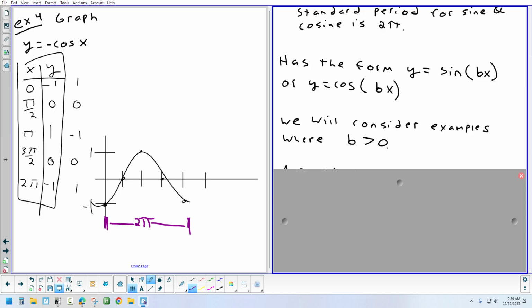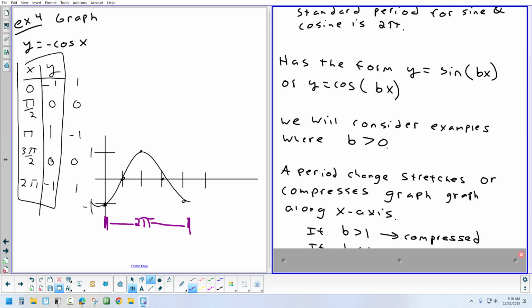What's going to happen there? It's going to be really compressed. How much if b was 5? Like a fifth. A fifth, yeah. So the bigger that you make b, the more compressed it's going to get. B is 5, the graph is going to become 1/5. If b is 3, it's going to be 1/3.